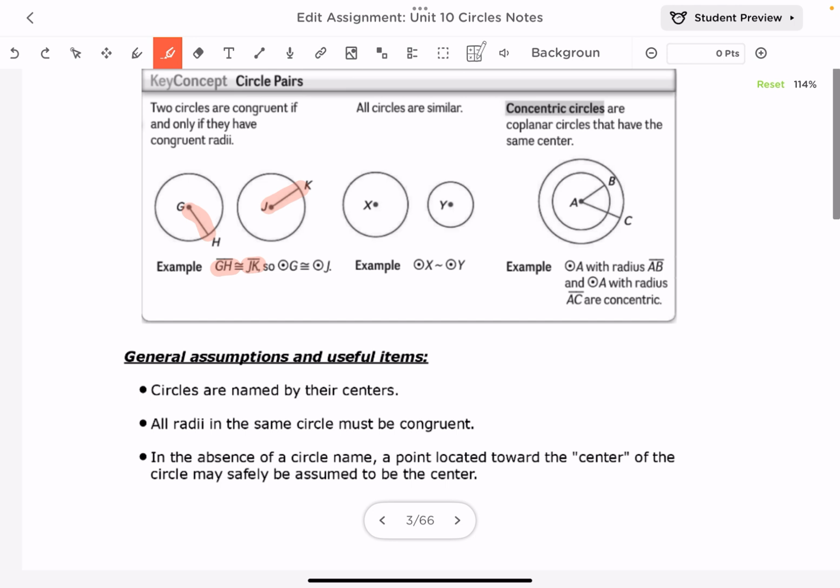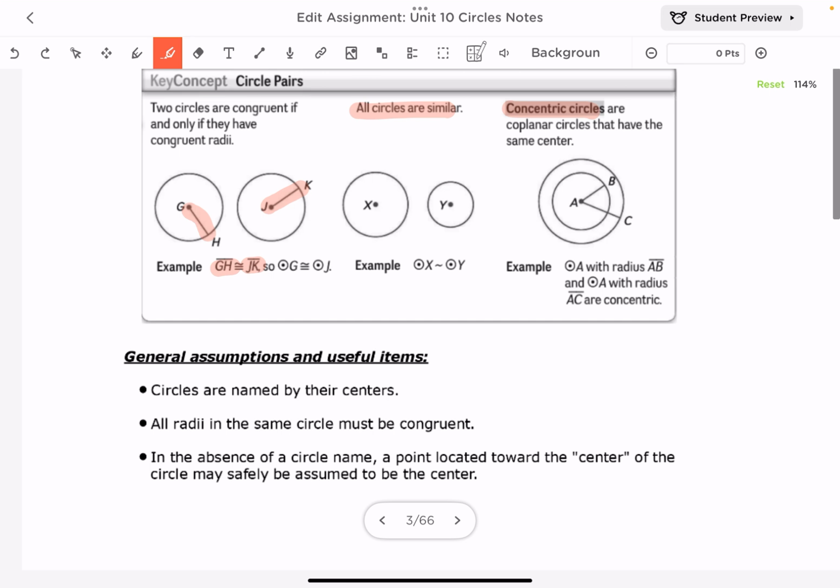Okay, makes sense. In the middle it says that all circles are similar. That means they're proportional. So that's something to keep in mind. I don't think we ask you a test question about that, but there most definitely could be a bonus that has to do with that. So all circles are similar, so they're proportional. And y'all have heard this term before, probably, concentric circles.